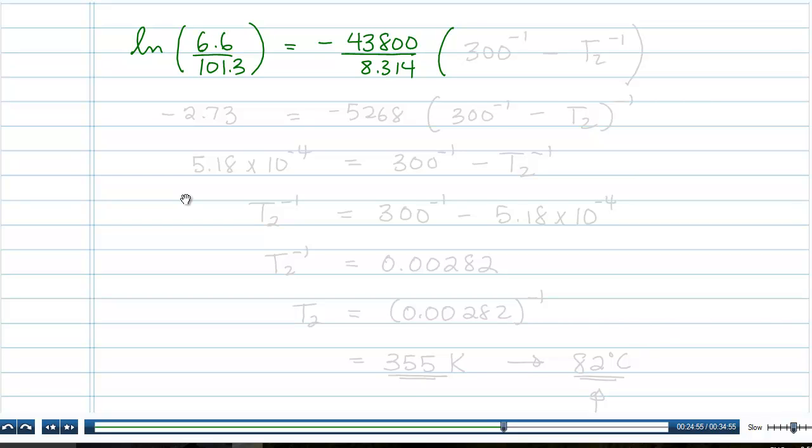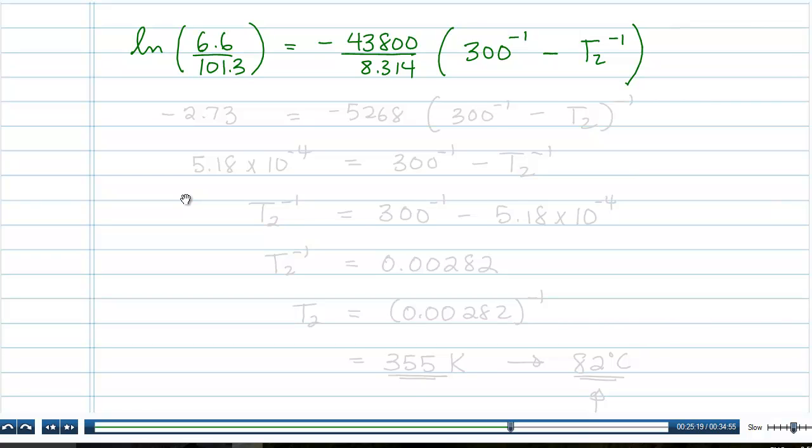Instead of 1 over T1 minus 1 over T2, I'm going to write that as 300 to the minus 1, because I have that button on my calculator for x to the minus 1, minus T2 to the minus 1. Of course that means 1 over 300 and 1 over T2.